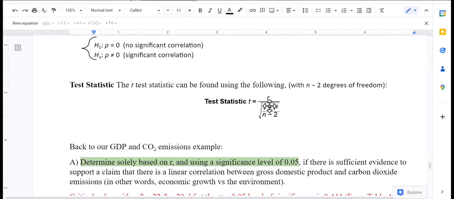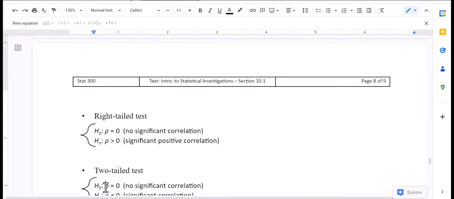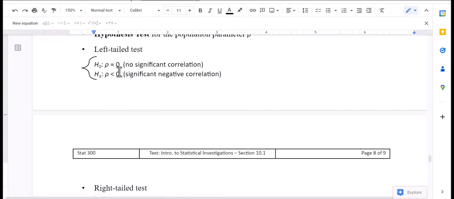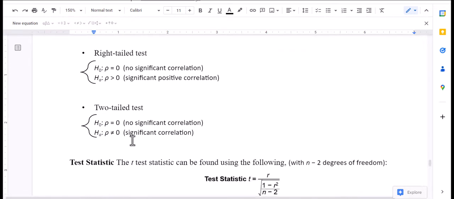And so this is essentially the standard error, right? So you have your sample statistic. Normally it's the sample minus the parameter, but notice that in all the hypotheses, the parameter is 0. We're always claiming for the null hypothesis that there's no correlation. So that will always be 0.